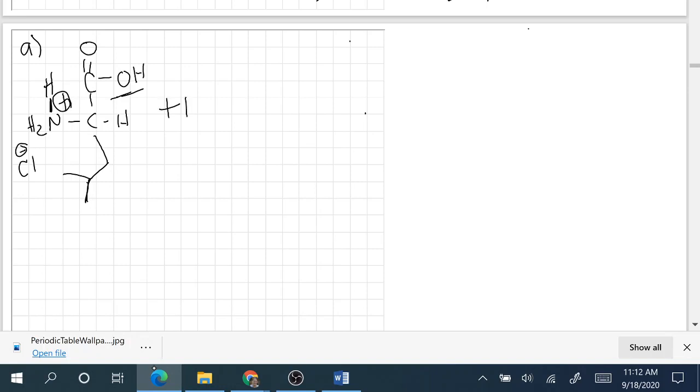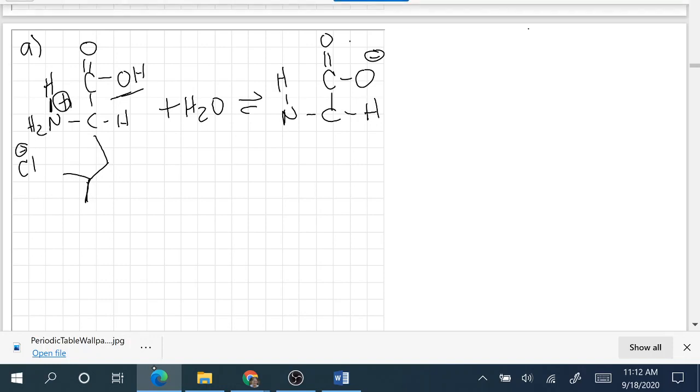So if you put that in water in a 0.3 molar solution, you're going to get this reaction where the carboxylic acid group dissociates, okay, and the amine group generally won't dissociate because its pKa is higher. So we're going to form an acidic solution, which is going to keep that amine group protonated, and so it's going to remain as an HCl salt.